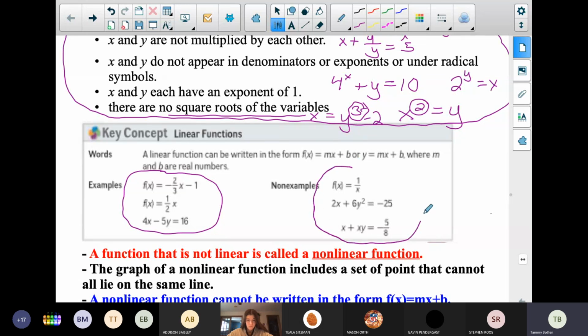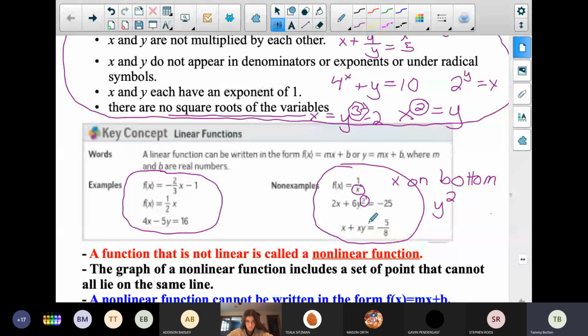These over here are, however, not linear functions. They would not be a straight line, okay? The first one is because you cannot have a variable on the bottom. That is why it is not a linear function. The second one is because we cannot have a y squared.